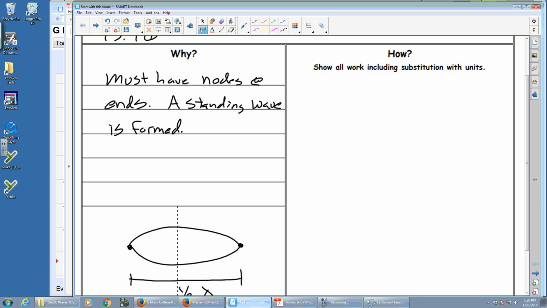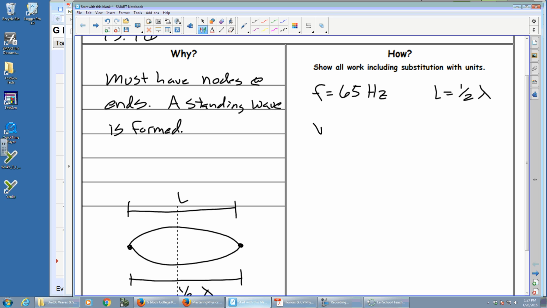So that means when we have this pattern here, when we have that half a wavelength equal to the length, the frequency of that wave is 65 hertz. Okay, so they tell us the frequency is 65 hertz. They also tell us if this is the length of the string, right, that L equals half lambda.